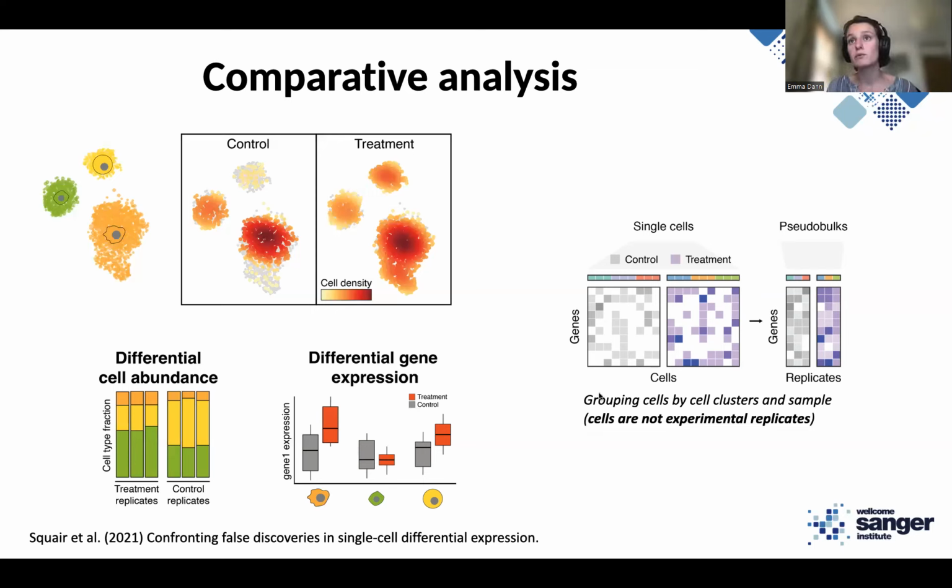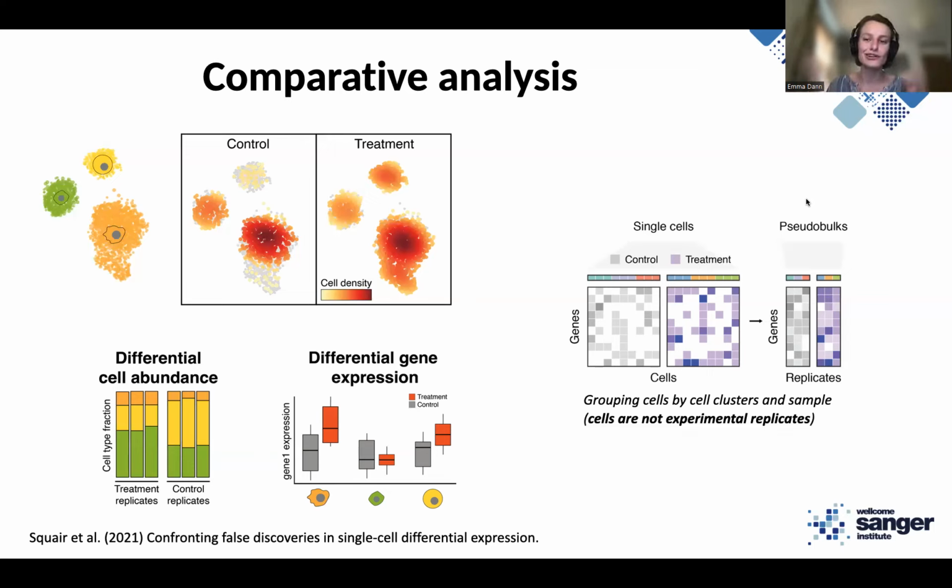So frequently when we do differential gene expression analysis, we don't just test the differences considering cells as replicates, but we actually aggregate gene expression profiles that come from cells of the same sample and of the same cell type. And this has been shown in several scenarios to reduce a lot the false positive rate that you get from these experiments.